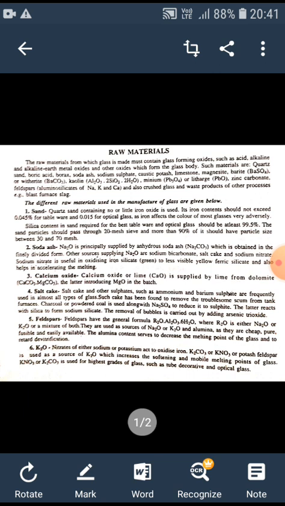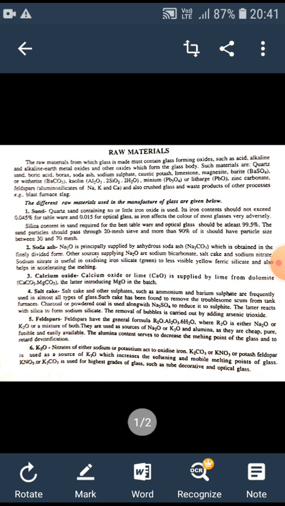Salt cake and other sulfates such as ammonium and barium sulfate are used in almost all types of glasses. It has been found to remove the troublesome scum from the tank furnaces. Charcoal or powdered coal is also used along with sodium sulfate to reduce it to sulfite. It reacts with silica to form sodium silicate.